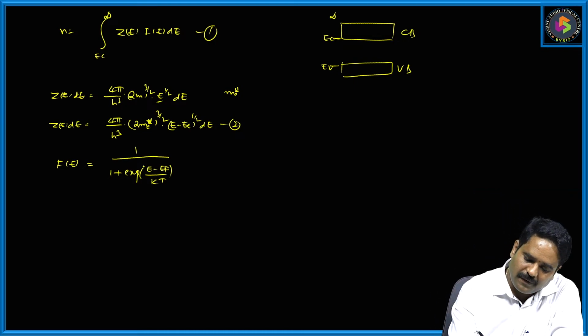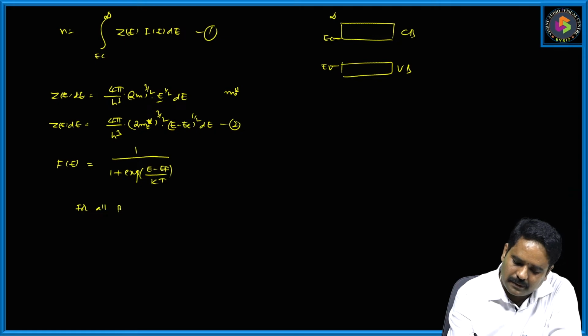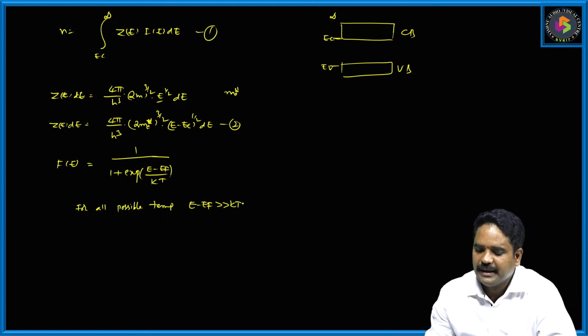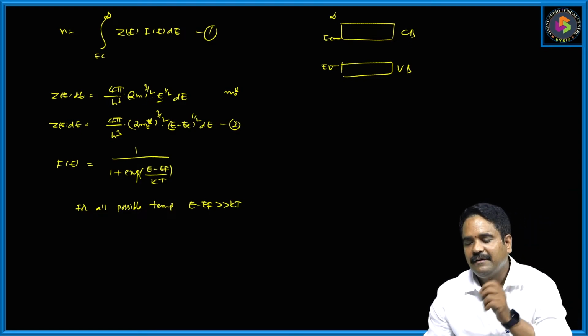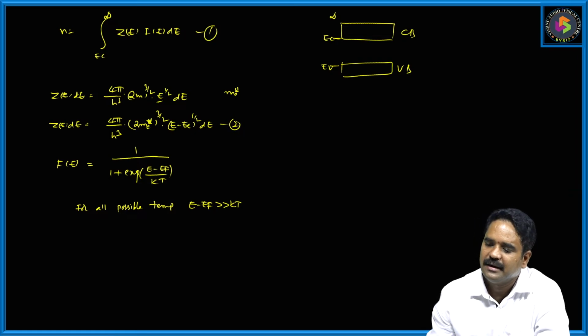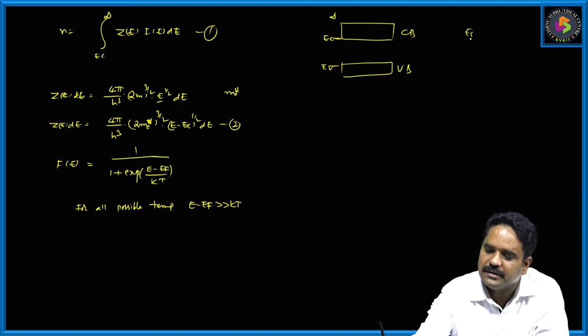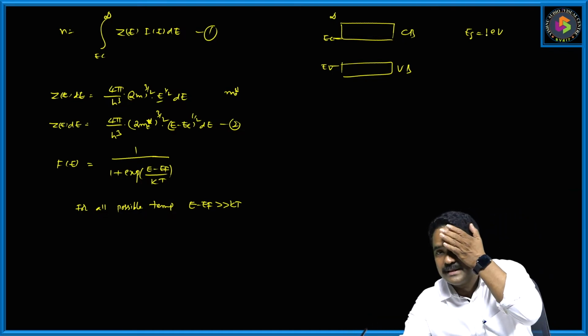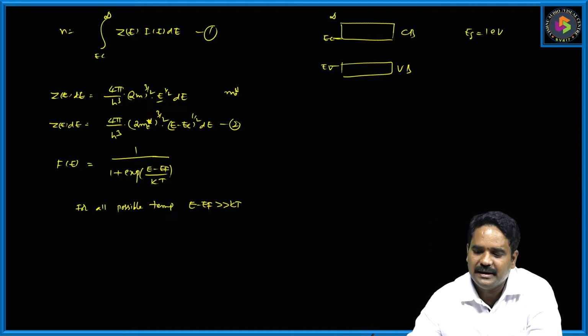From this, for all possible temperatures, E minus Ef is much greater than kT. Why E minus Ef is much greater than kT? If we take an intrinsic semiconductor, the energy gap Eg is equals to around 1 electron volt. In case of germanium, it is 0.1 electron volt. In case of silicon, it is 1.1 electron volt.